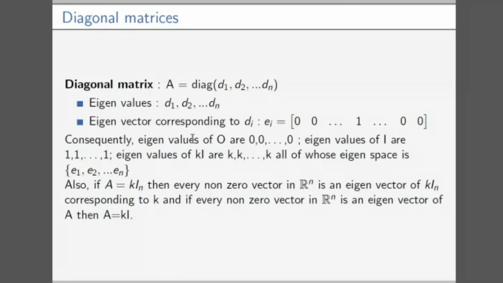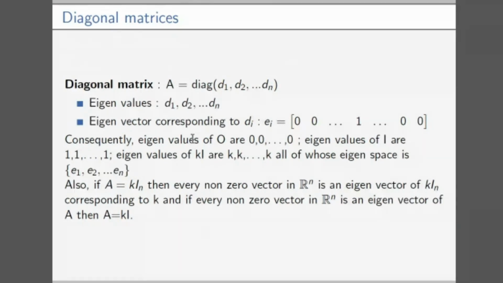So its only eigenvalue is 1, which has algebraic multiplicity n. And the third case is that of the scalar matrix. A scalar matrix is a matrix of the form kI, where k is any real number. So its diagonal elements are all k and all the other elements will be 0. So its only eigenvalue is k.